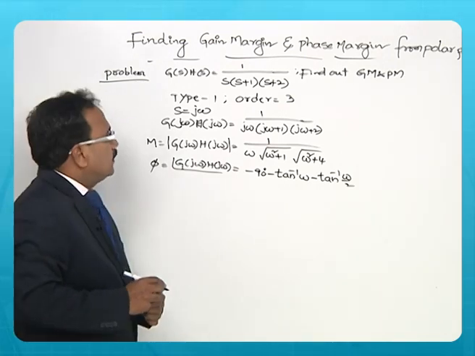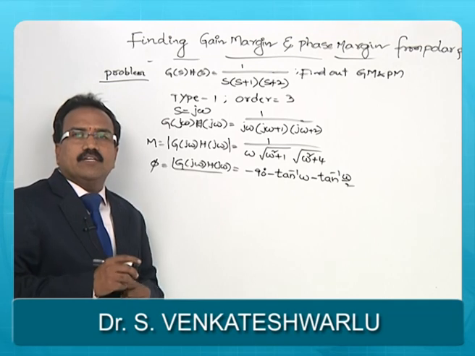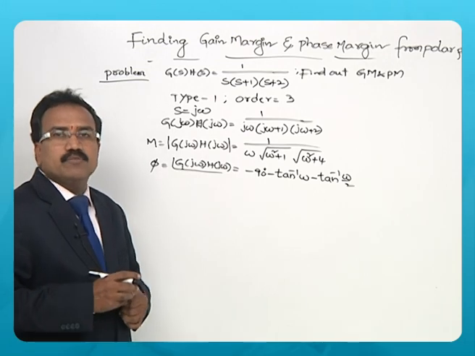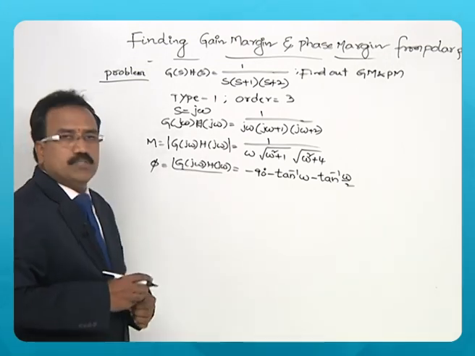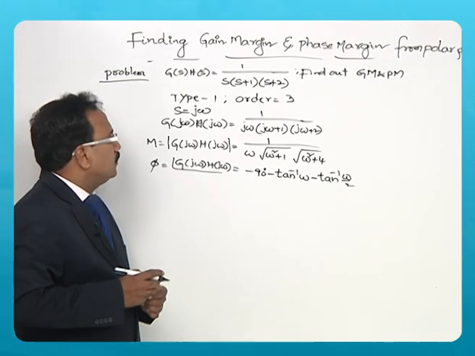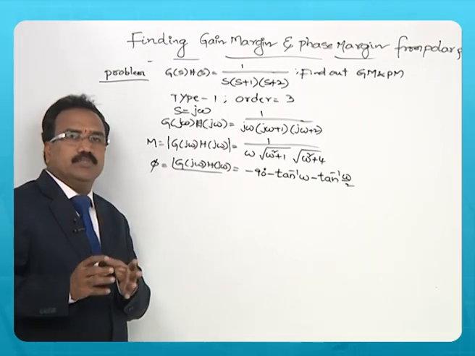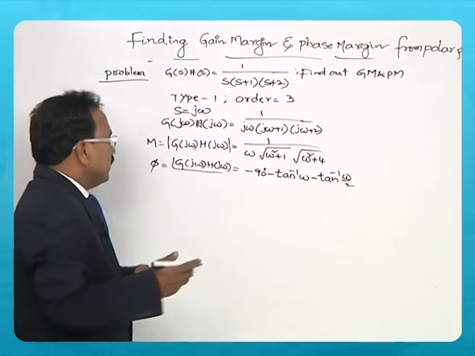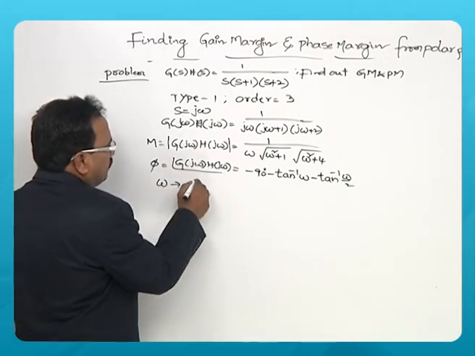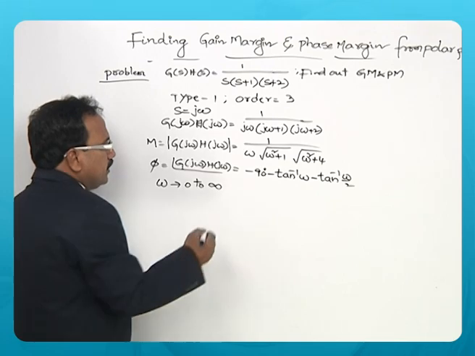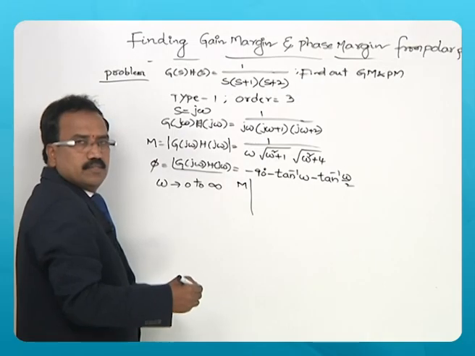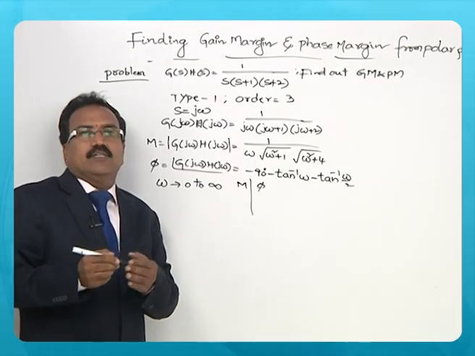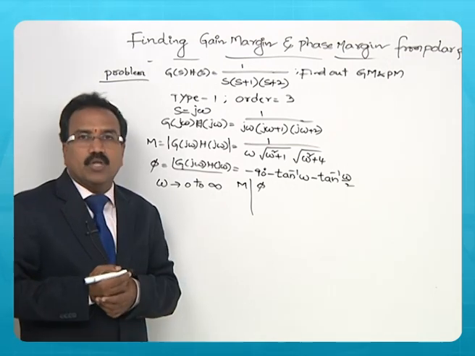You should remember that the loop transfer function is given, and you can find out the stability of the closed loop system from this open loop transfer function. So, the procedure to draw the polar plot is, you should know the magnitude and phase angle terms separately. Now, vary omega, that is frequency, from 0 to infinity, and see how the magnitude is varying and how the phase angle is varying, and represent all the points in the graph sheet, that becomes the polar plot.